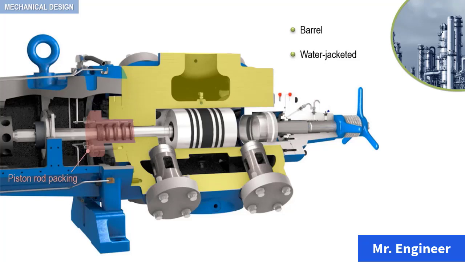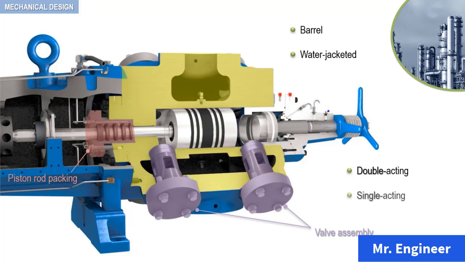Valves are installed around the barrel, but in some designs, valves are installed in the heads. Cylinders may be double-acting, as is the case here, and so compressing the gas on both sides of the piston, or single-acting and therefore compressing the gas at either the head or the crank end, but not both.